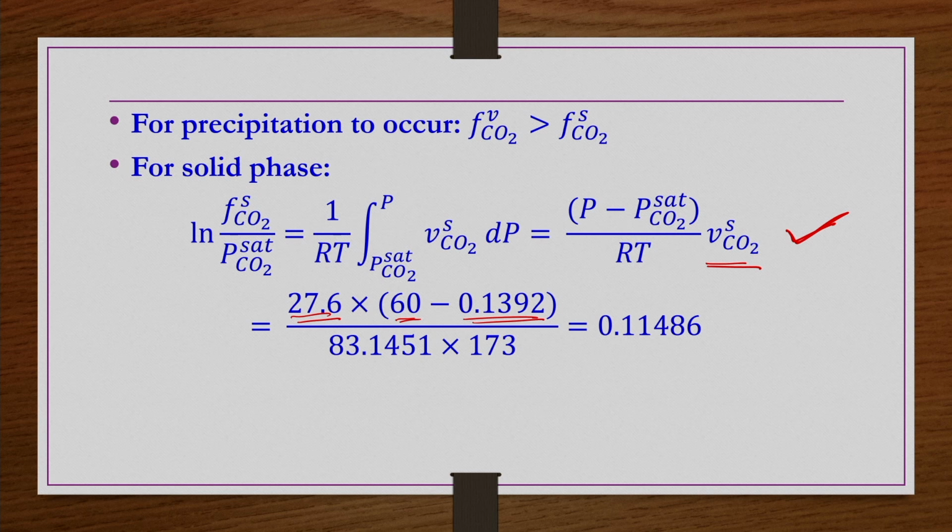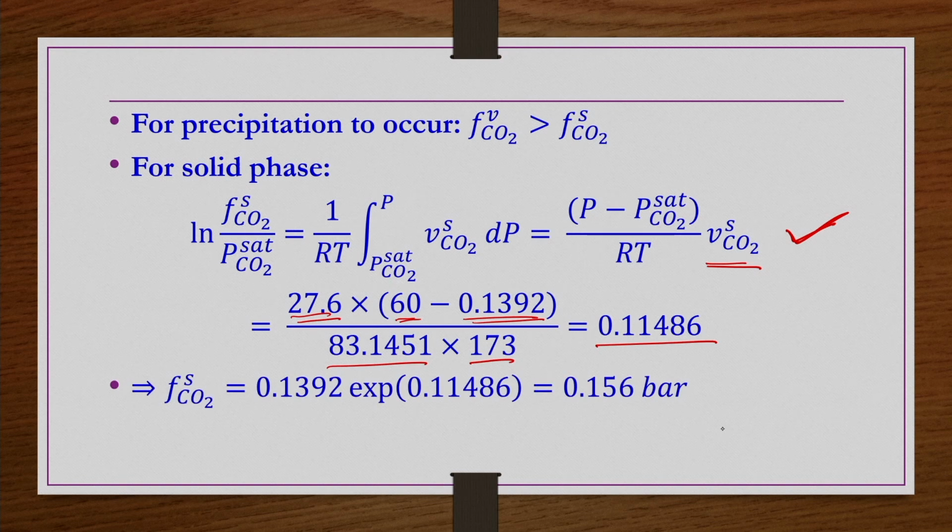Now everything is given here, R is known, and T is also given. So you can find this value as 0.11486. Then FCO2S would be nothing but the saturation pressure of CO2, 0.1392, times the exponential of this value 0.11486, that is 0.156 bar.